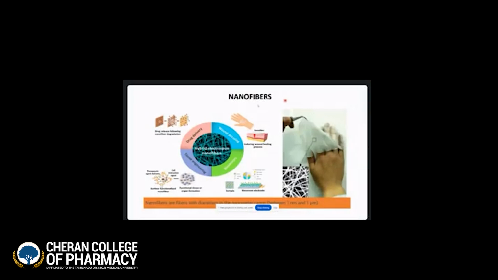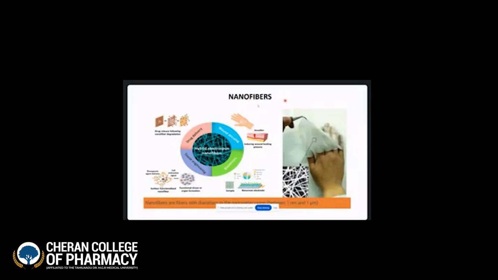Now you can see how we make a nanofiber by electrospinning technology. To make the nanofiber, two things are really important. One is the drug you selected. The drug we should mix with the polymer, and this solution we keep in the syringe.